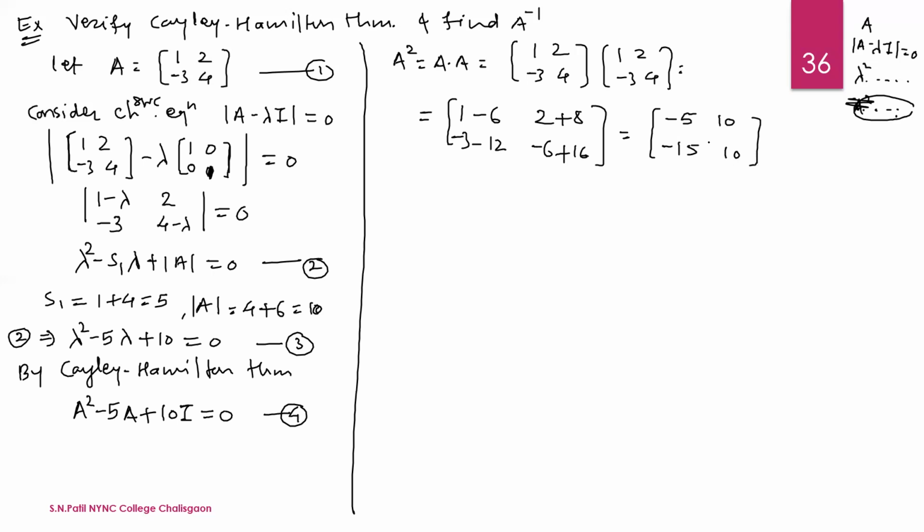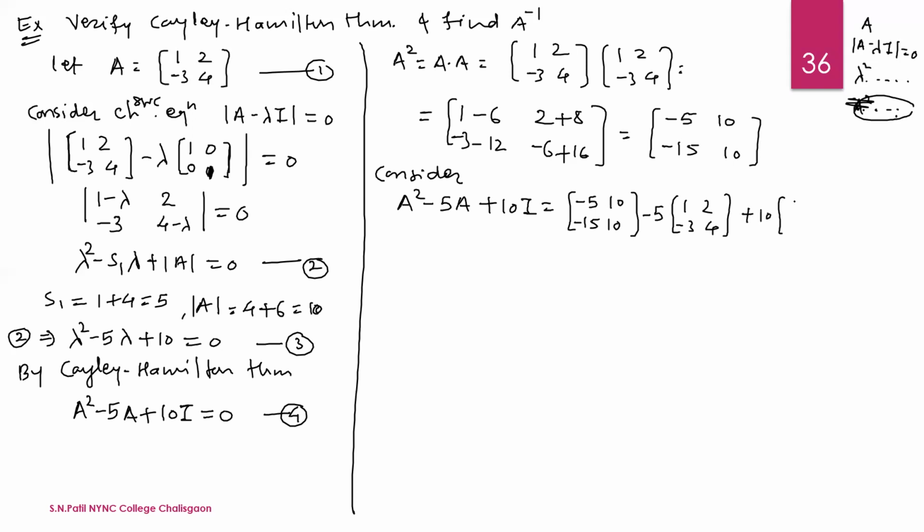Now consider the left hand side of equation 4, the verification of the Cayley-Hamilton theorem. A squared minus 5 times A plus 10 times the identity matrix is equal to: A squared is minus 5, 10, minus 15, 10, minus 5 into the given matrix 1, 2, minus 3, 4, plus 10 times the identity matrix.